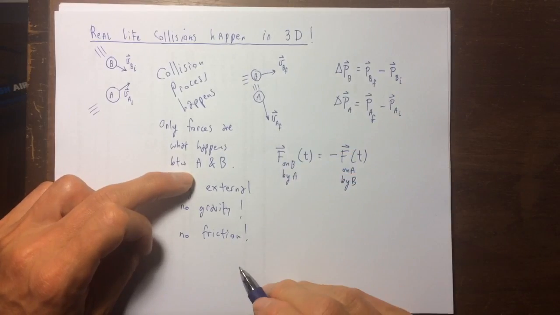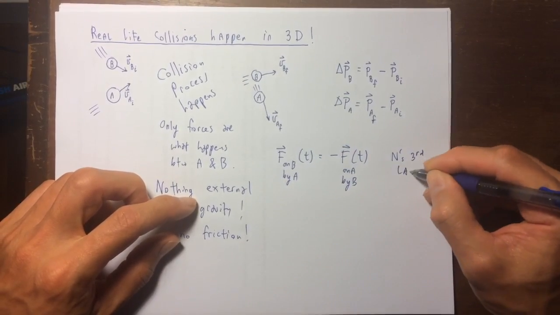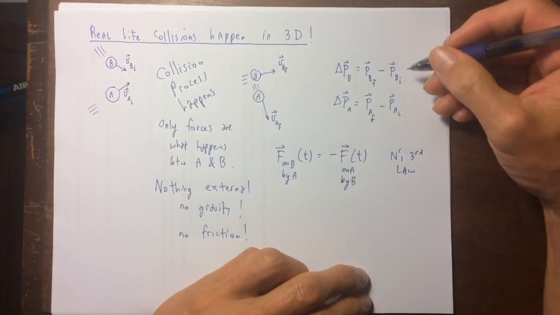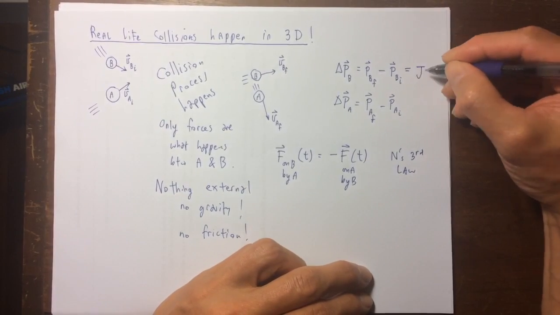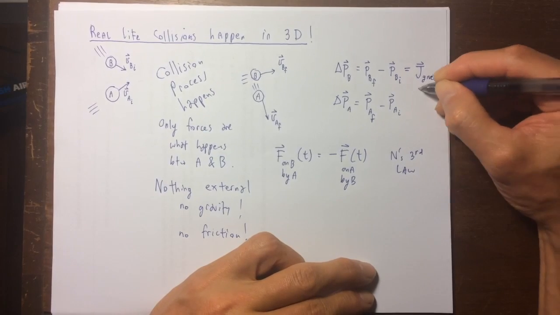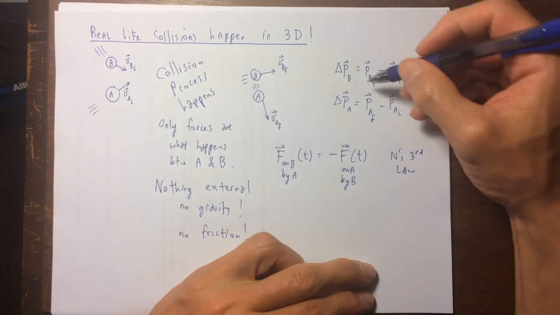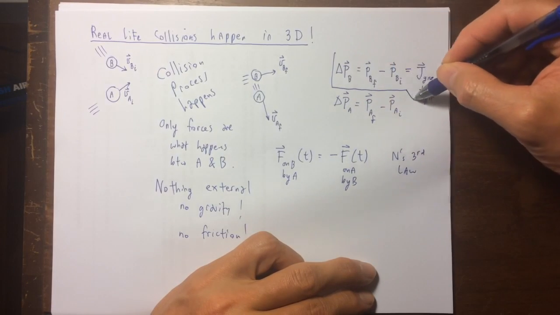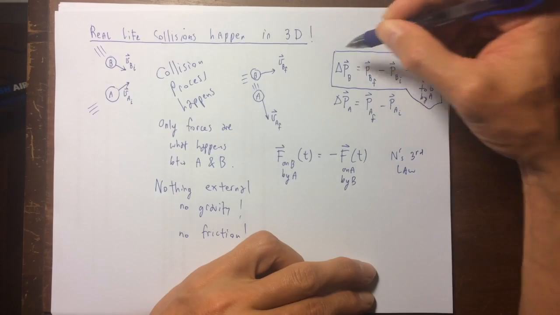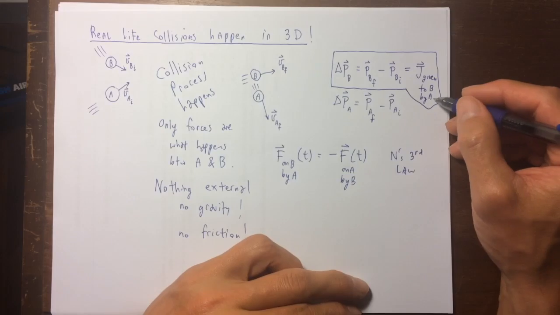and it obeys Newton's third law. So here is Newton's third law. The momentum changes because of an impulse given by A to B, right?